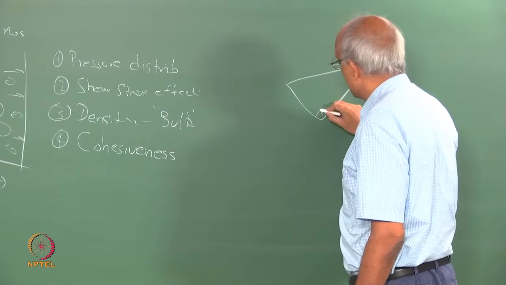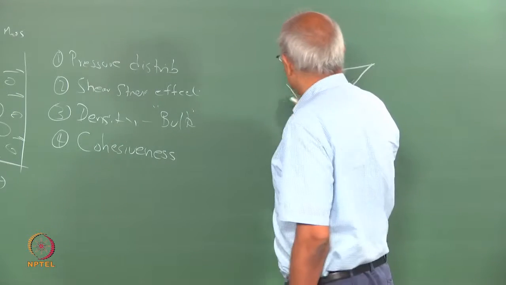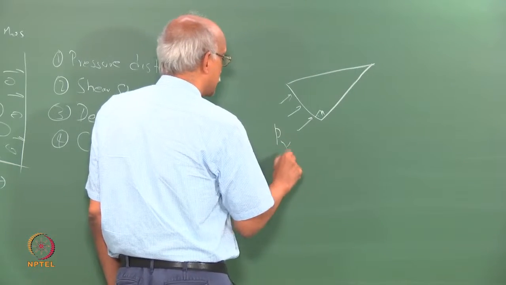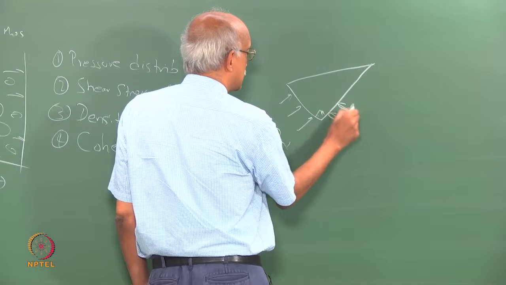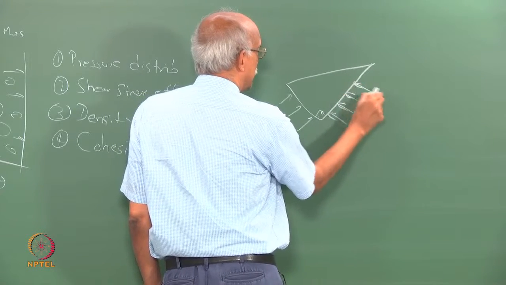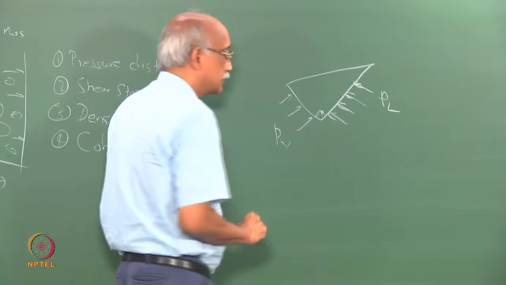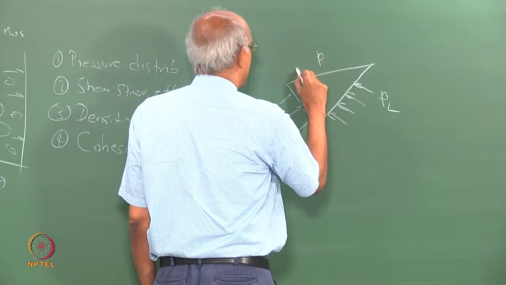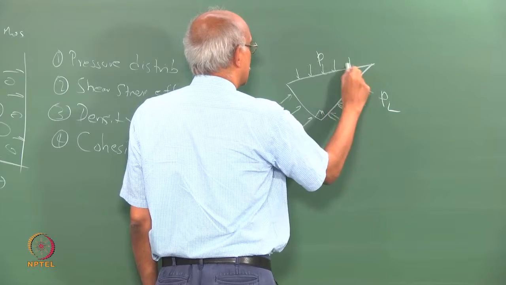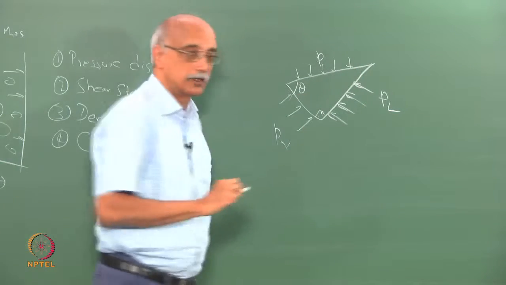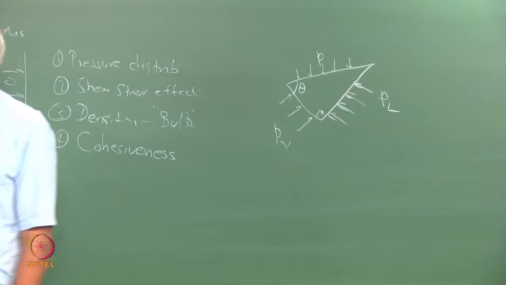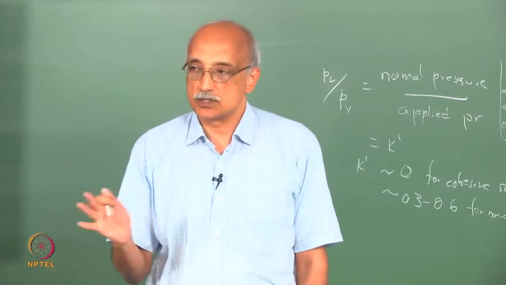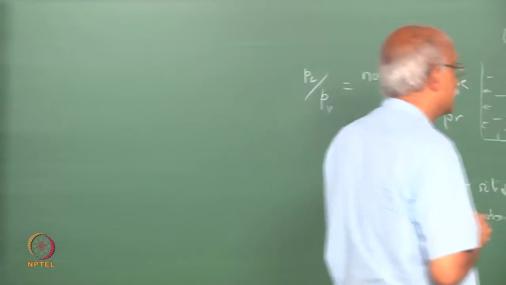This is a right angle, and let us say that the base of this triangle you are applying the pressure PV, and that results in a normal pressure PL, which is normal to that, and you want to know what is P at any angle theta, right, because that will give you the pressure transmission characteristics for this particulate solid.